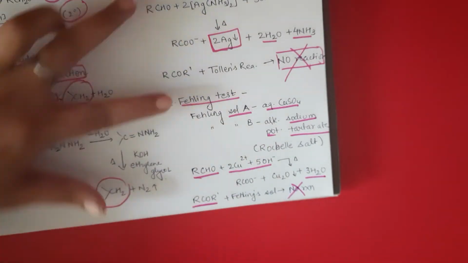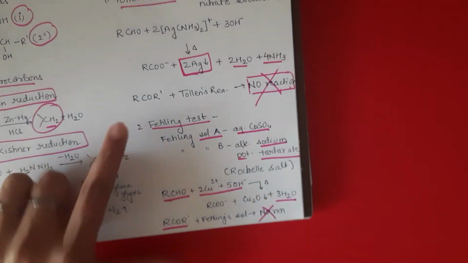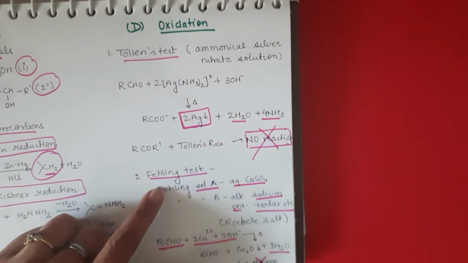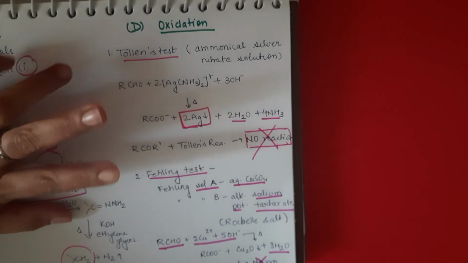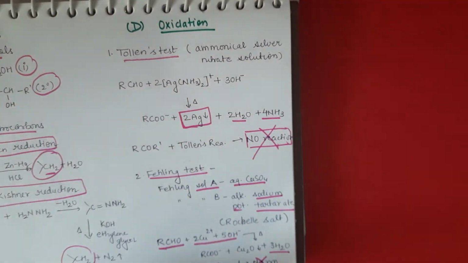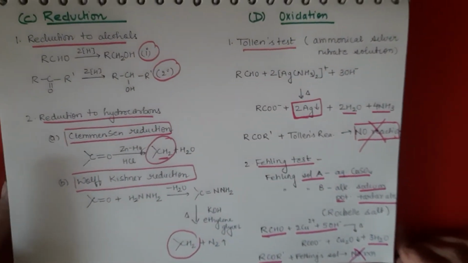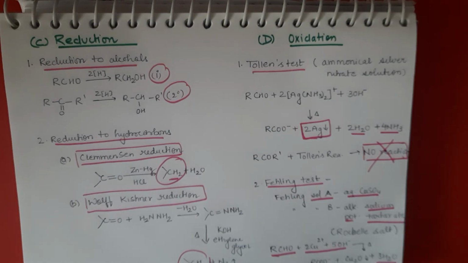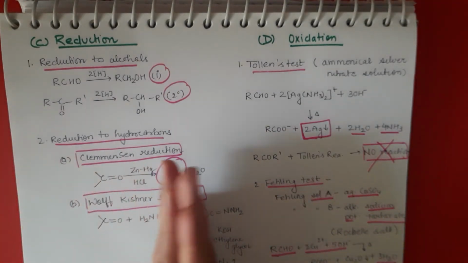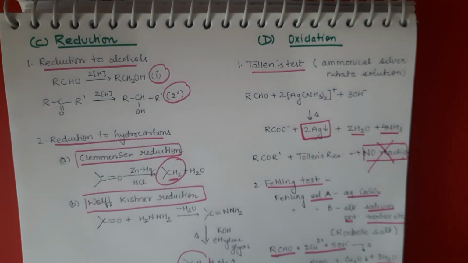In oxidation you have to learn Tollens and Fehling's, and you should also know that these two are used to differentiate ketones and aldehydes, because ketone does not give Tollens or Fehling's test. So here we finish this video. Hope you have understood these 3 reactions. Go through the NCERT book and read all the reactions from there also.